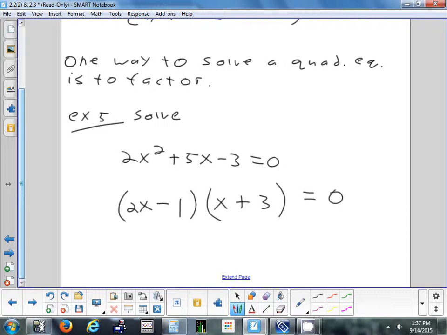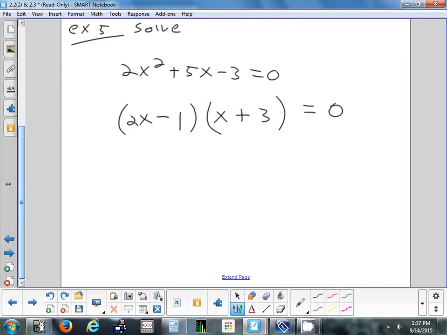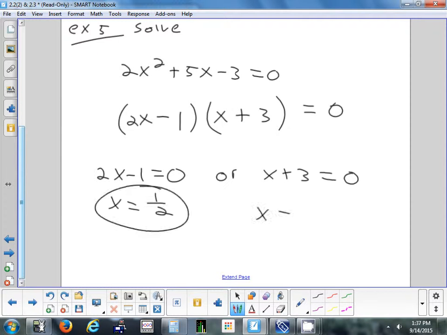So let's set that up. Either 2x minus 1 equals 0, or the other factor equals 0. Okay, solving the first one, we get x equals a half. Second one, x equals negative 3.